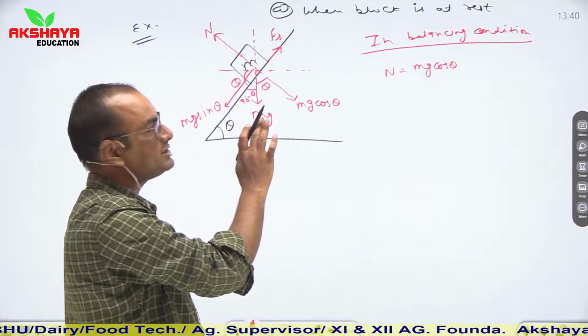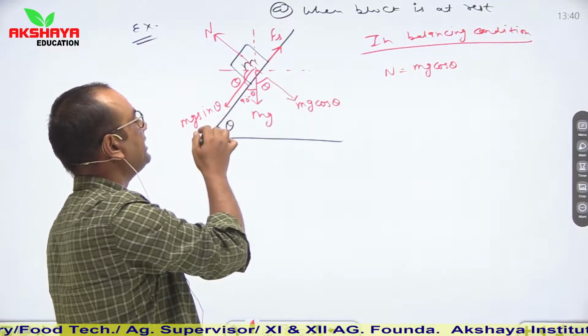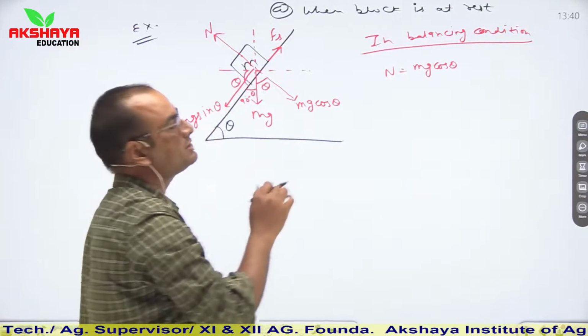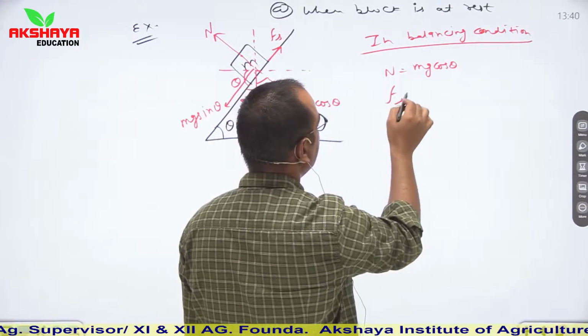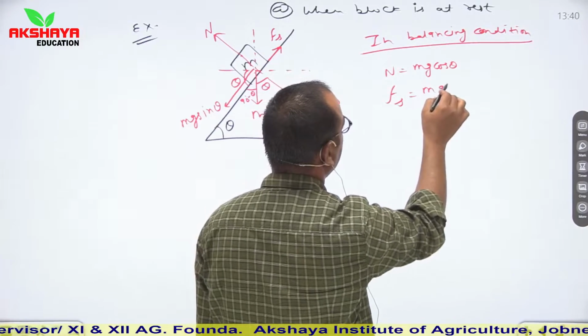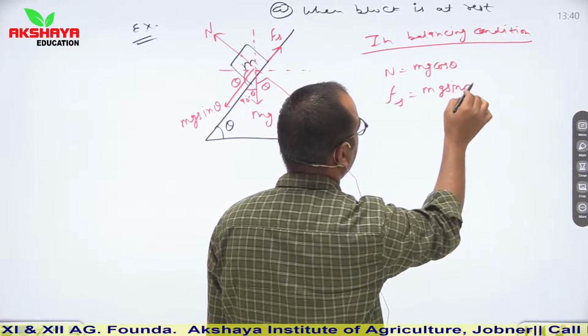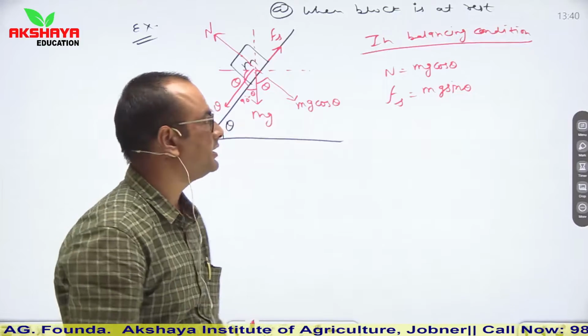It means there is no acceleration. So mg sin theta in downward direction is equal to frictional force. So Fs is equal to mg sin theta.